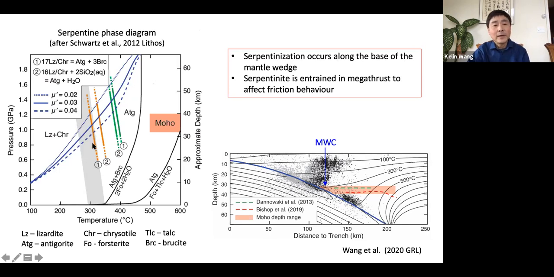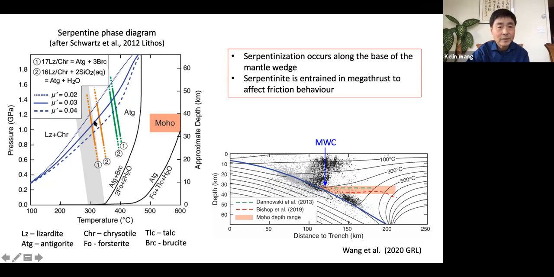And we can see as we go deeper into the subduction zone, it gets warmer, and different serpentine minerals will be produced along the base of the mantle wedge. It starts with lizardite and chrysotile, and through this transition here, with either of these two reactions, eventually it will turn completely into antigorite.